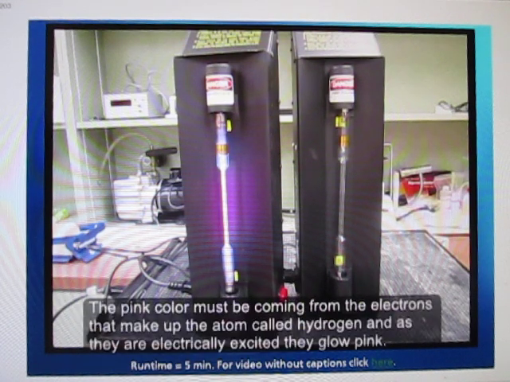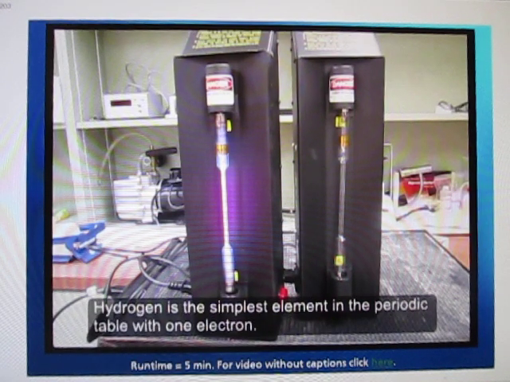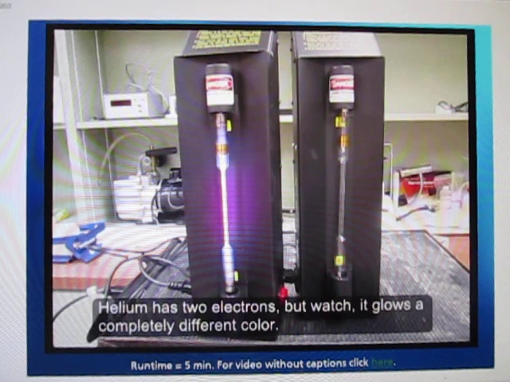The pink color must be coming from the electrons that make up the atom called hydrogen, and as they are electrically excited, they glow pink. Hydrogen is the simplest element in the periodic table with one electron. Helium has two electrons, but watch, it glows a completely different color.